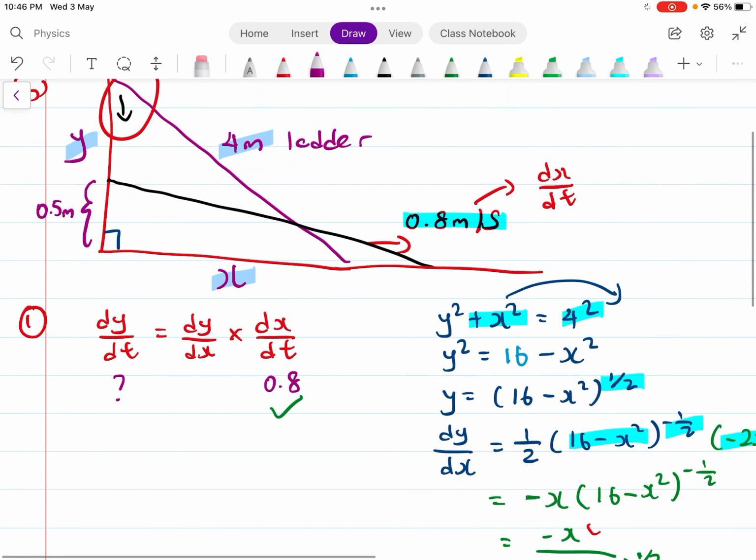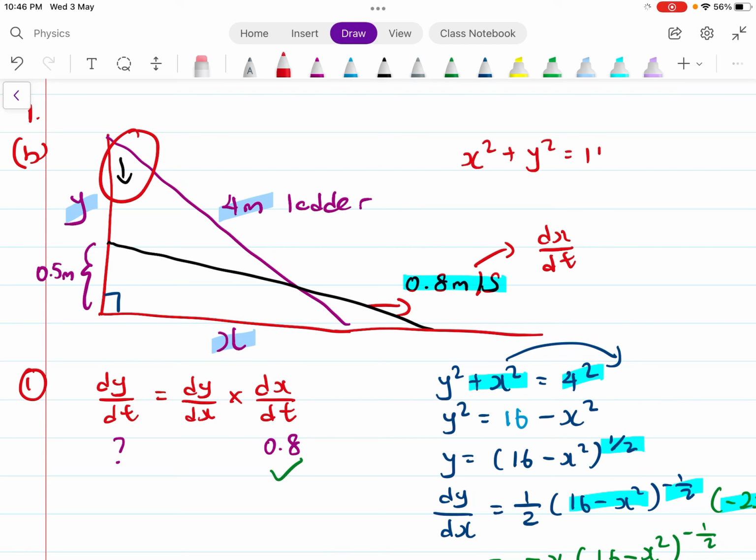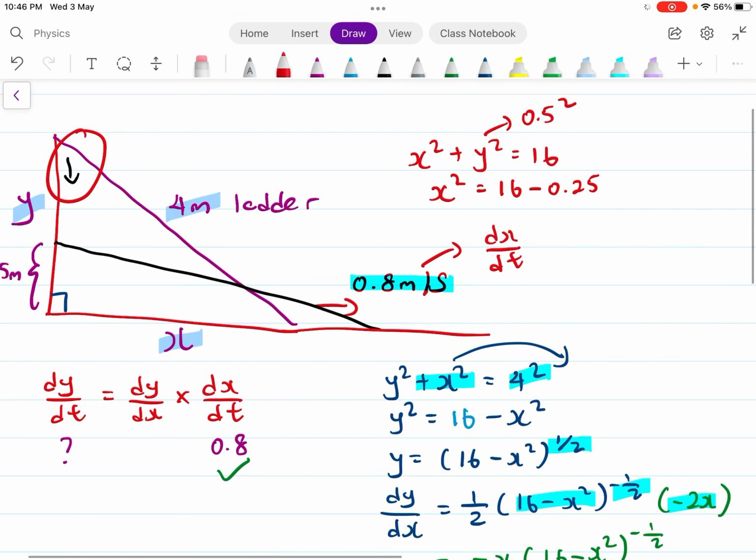So what I need to do is go back to the original formula, which is x squared plus y squared equals 4 squared, which is 16. So for y squared you sub in 0.5 squared, which is 0.25. So x squared is equal to 16 minus 0.25, which will give you 15.75. The next part, you just need to square root, which is not a very nice number.